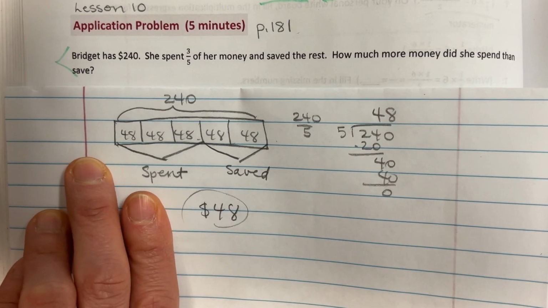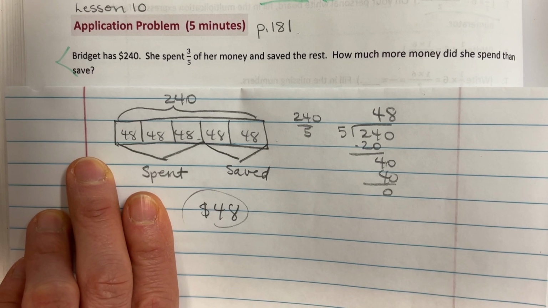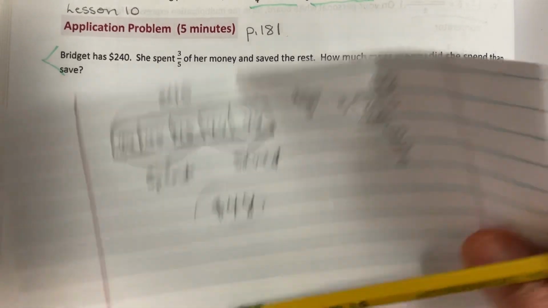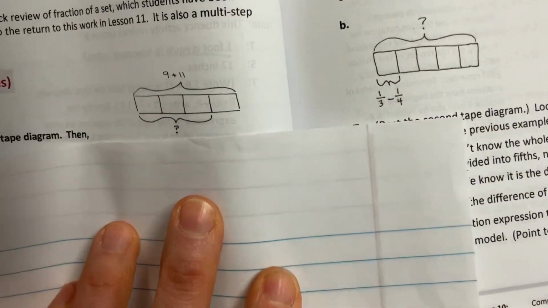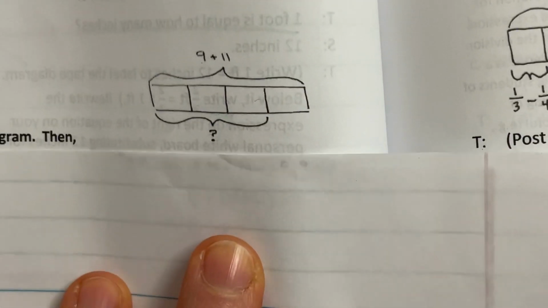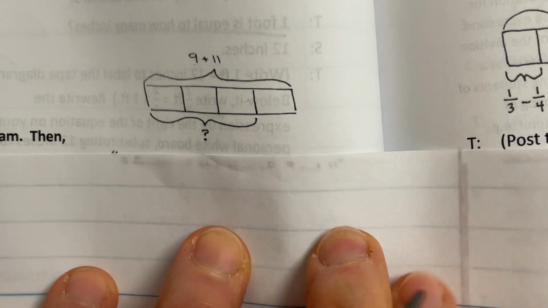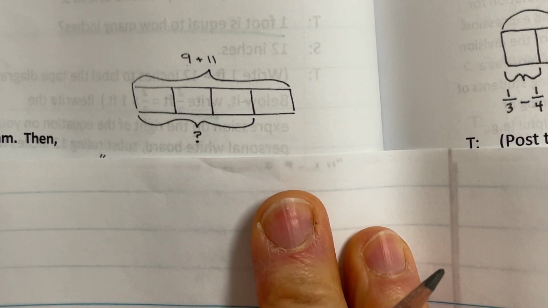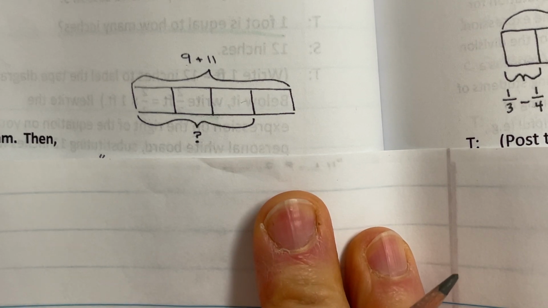Okay, let me give you a heads up on what we're doing today before we turn to the problem set. I'm just going to show you one brief example of what we'll be looking at. I want you to look at this tape for a second. That looks a little funny, okay? But part of today's lessons is writing an expression for a phrase or for a given tape, okay?